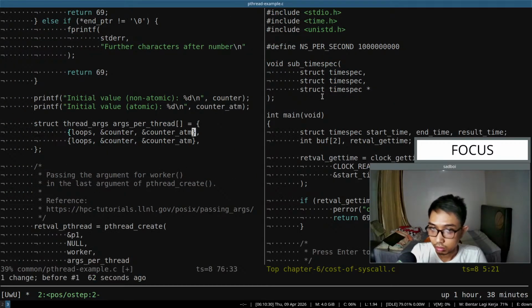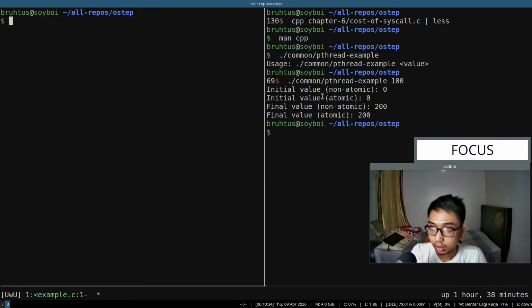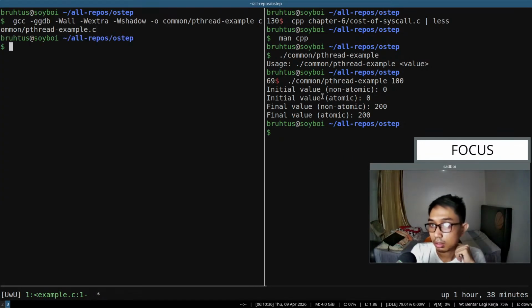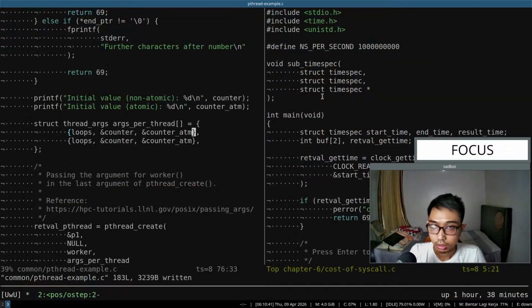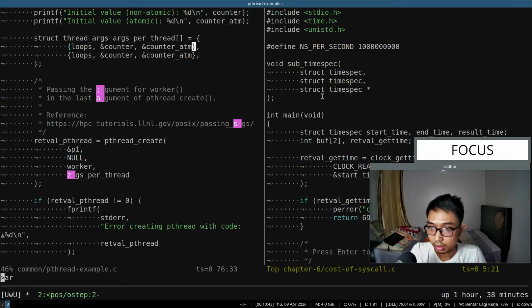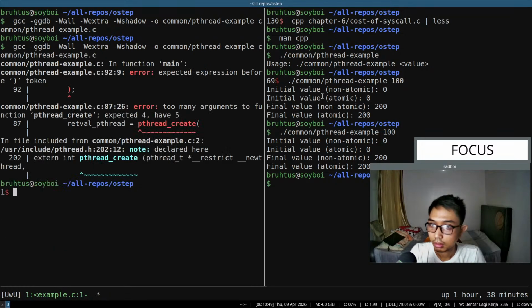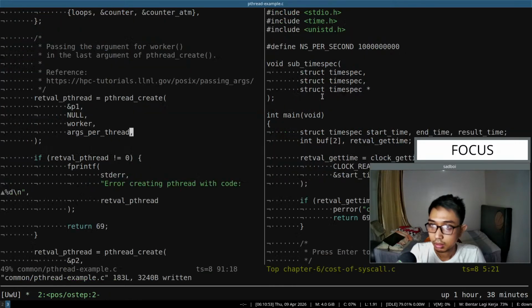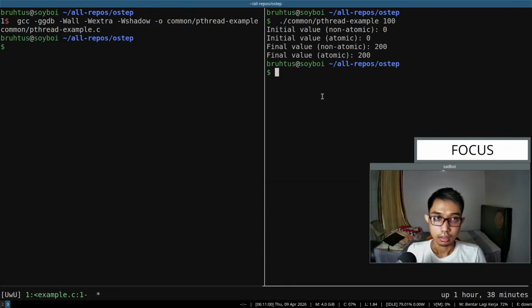Alright, so maybe only in the function argument that we cannot use the trailing comma here, something like this, right? Interesting. Okay.